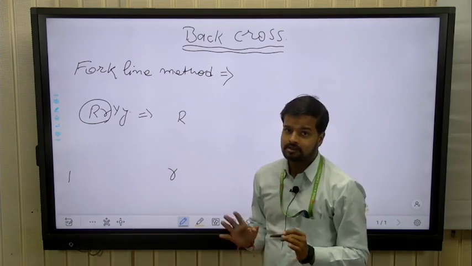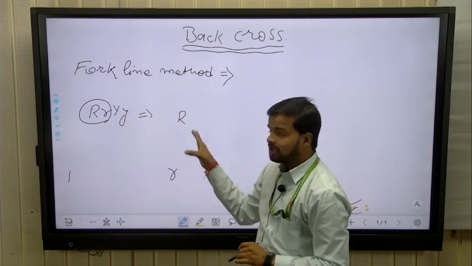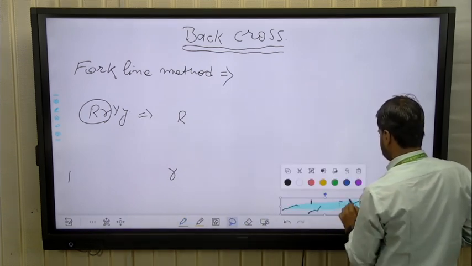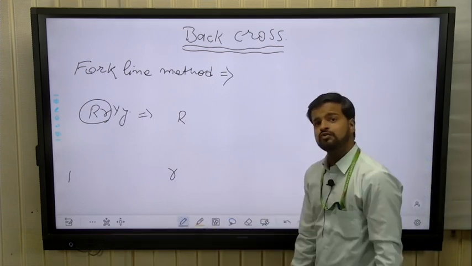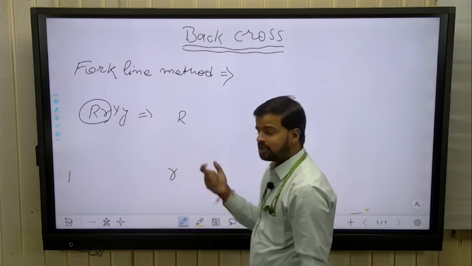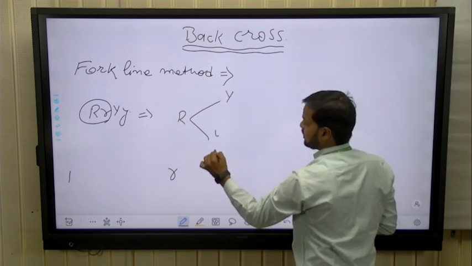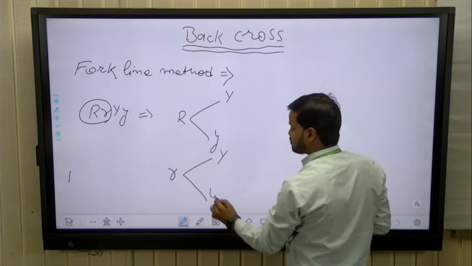Is there any problem here? Nothing. We simply write capital R and small r like that. After that what do we do? We cross like that, capital Y, small y, capital Y, small y.